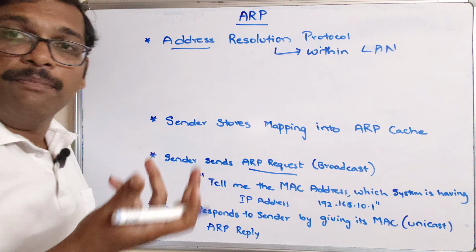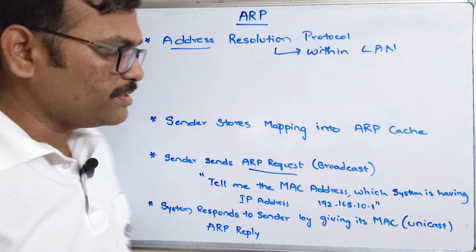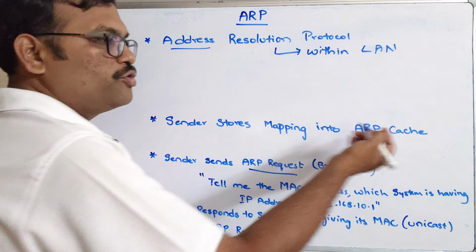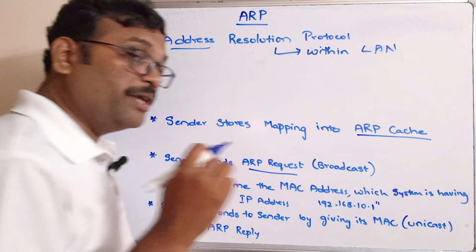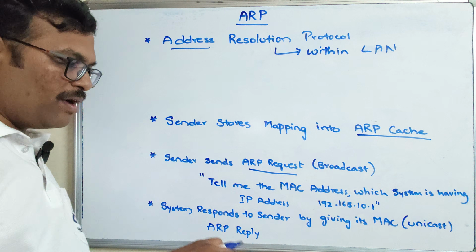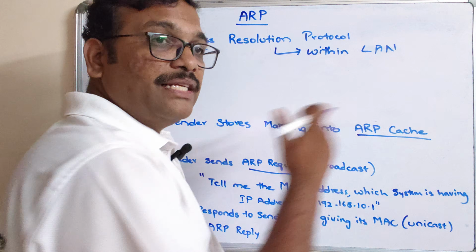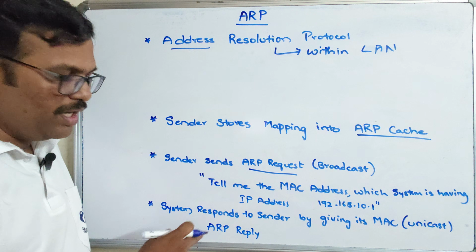A similar kind of table which consists of all the IP addresses and MAC addresses. So the mapping will be stored in the ARP cache, because if it wants to send one more message, it doesn't require this broadcast and unicast. Directly it will check with the ARP cache and it will send the message directly to the destination.